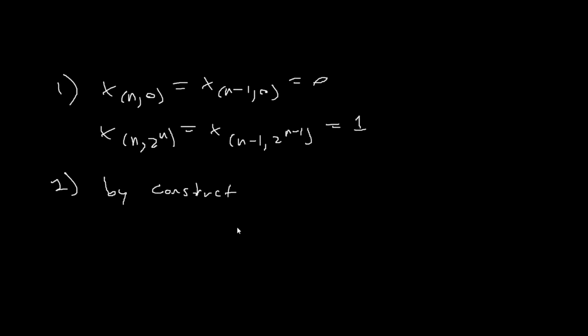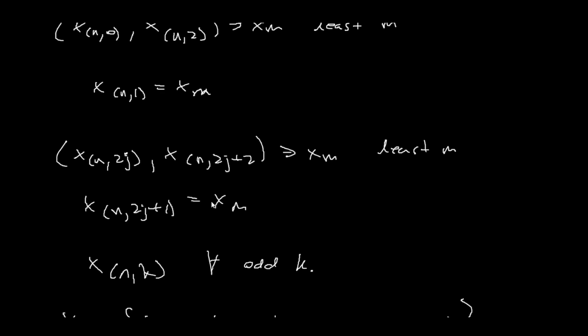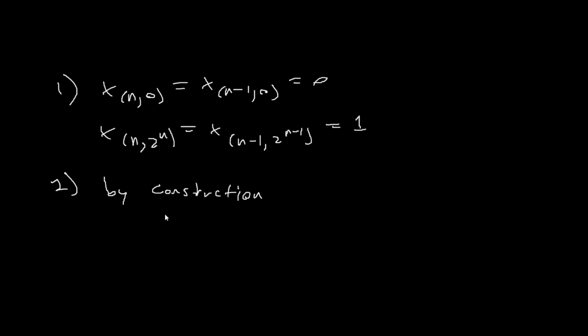We set up by construction, made sure that for the even second indices, the elements are arranged in order as such. And then when we chose the elements with odd second indices, we made sure they're placed between the two adjacent elements. So it's automatically by construction property 2 holds.